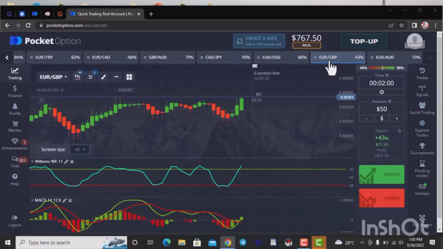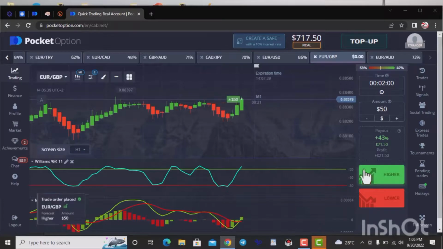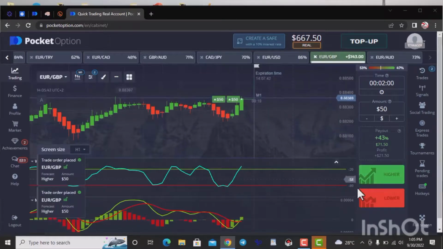Without even going far from the last trade, as you can see, there is a potential market here. The trend is going up. There is a change here. As you can see, the candles are thick, so it's a sure way for us to enter this trade.